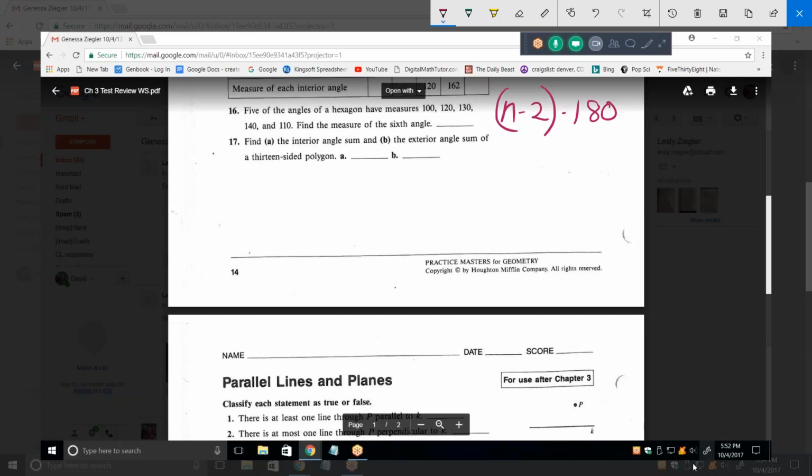So you can only divide by n if it's a regular polygon. Here you have to come up with what the sum is. Well, what do I substitute for n? 6. Okay, so now I got 4 times 180, which is 720. Now add those 5 angles up, subtract it from 720, and you got your 6th angle.